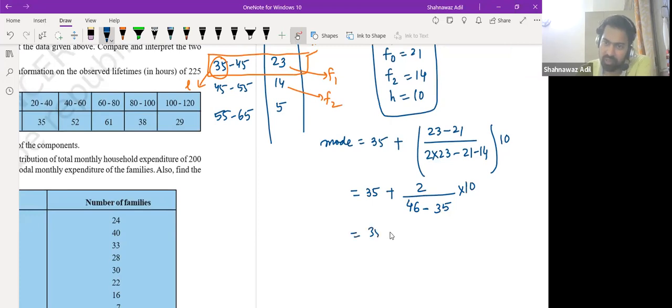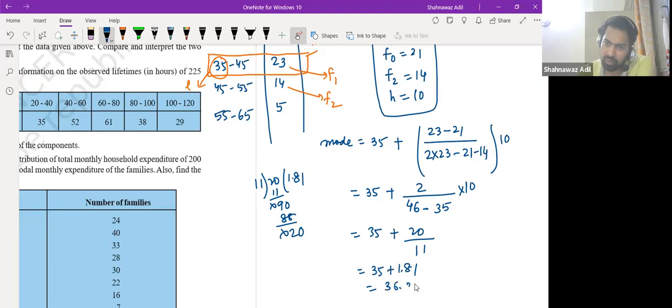So 35 plus 20 divided by 11. So how much is that? 1.81, so 36.8. This is right, Rifa.